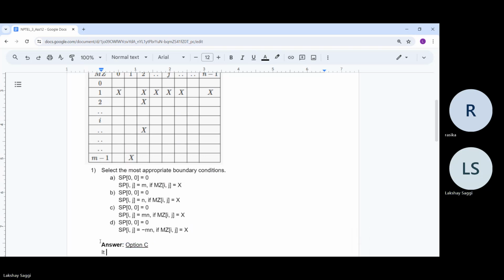It can be easily seen that SP[0][0] will always be 0, because the shortest path from 0 to 0 is of course 0.